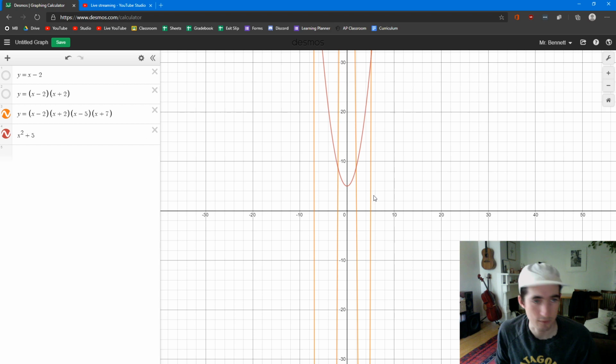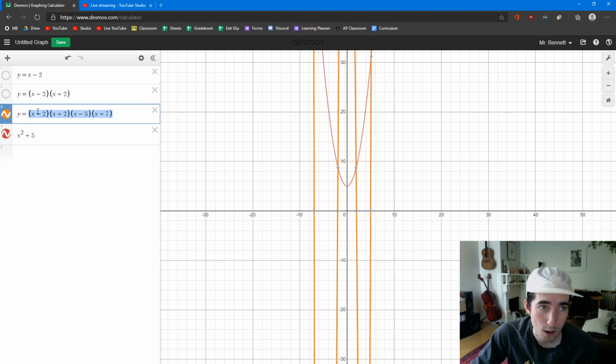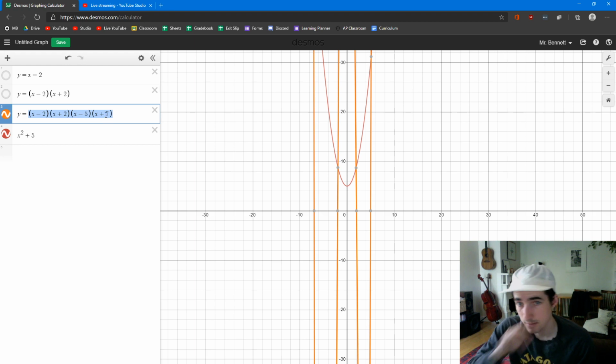So you can fiddle around with Desmos and mess around with it until you get a polynomial whose roots are at 1, 3, 5, and 7. So play around with that. Keep in mind that the roots of this polynomial were +2, -2, +5, and -7. That's your exit slip for today.